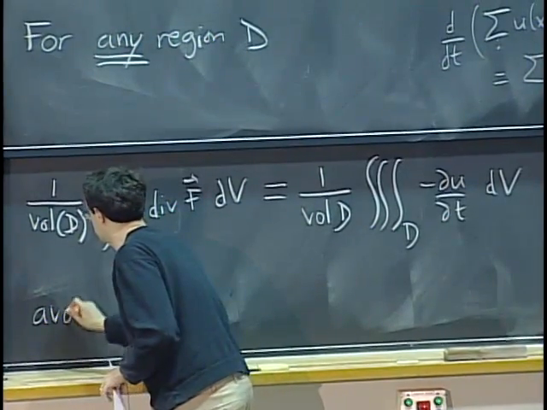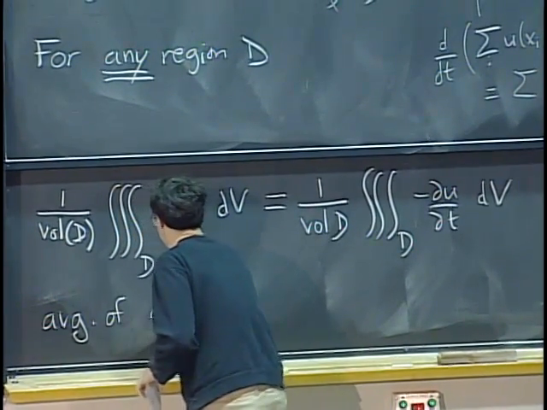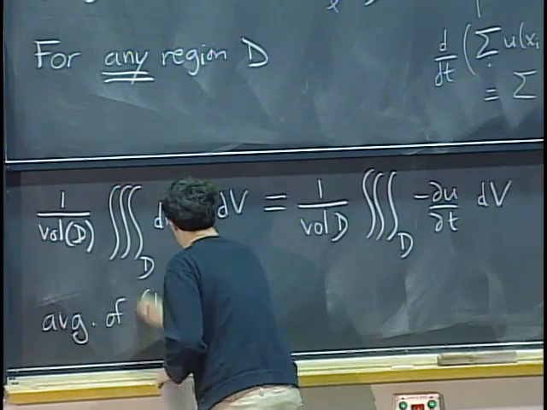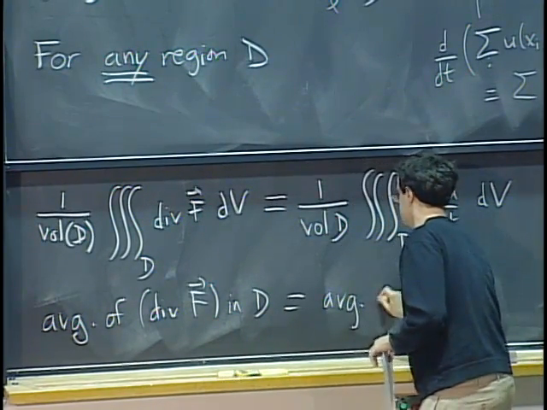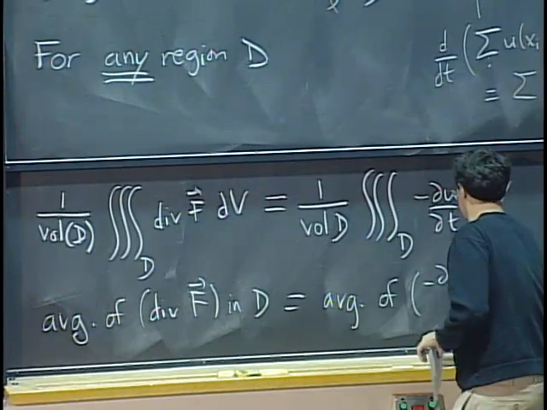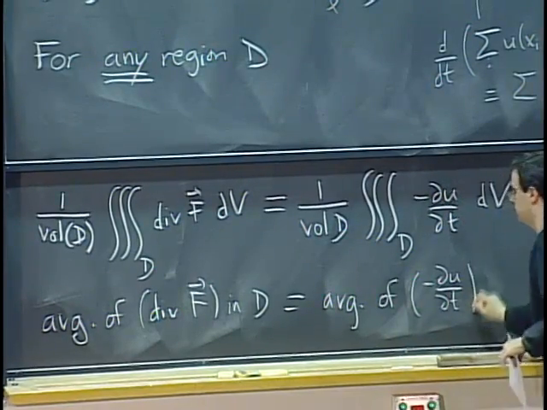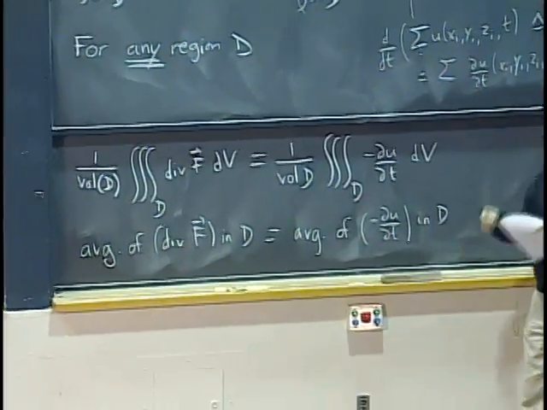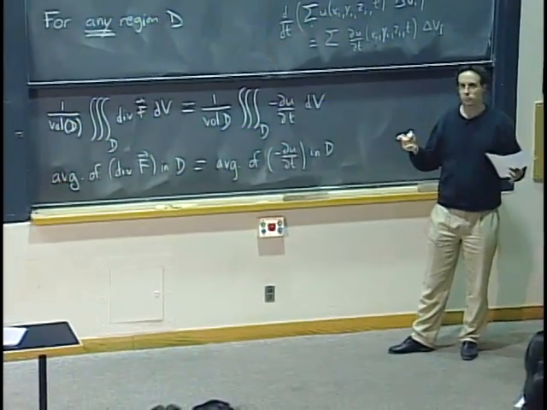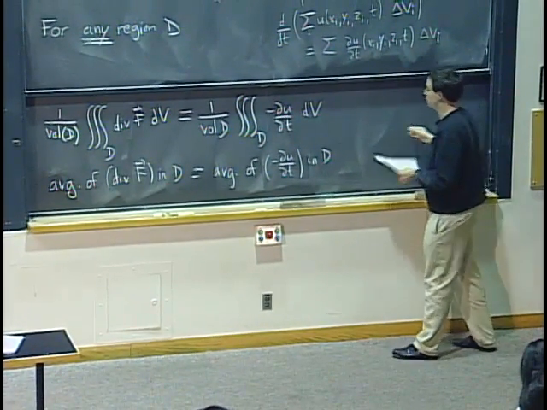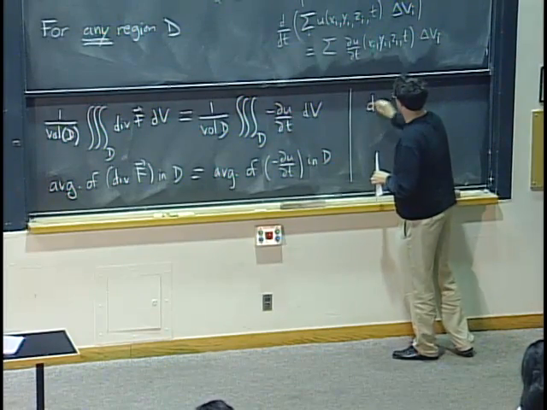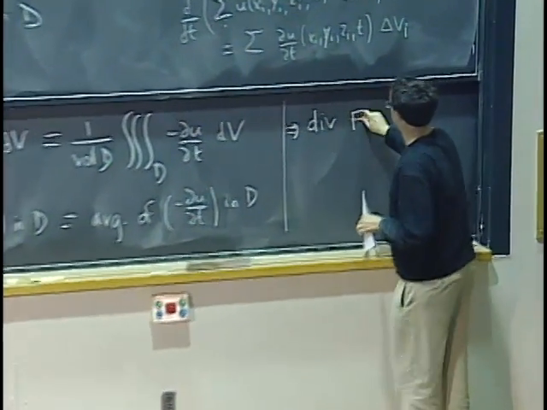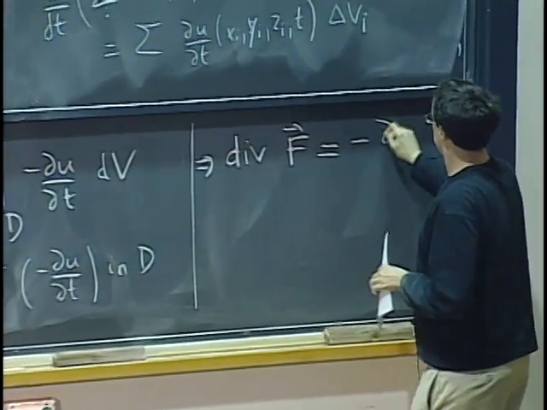The average of div f in D is equal to the average of minus partial u partial t in D. And that's true for any region D, not just for some regions, but for really any region I can think of. So the outcome is that actually the divergence of f is equal to minus ∂u/∂t.